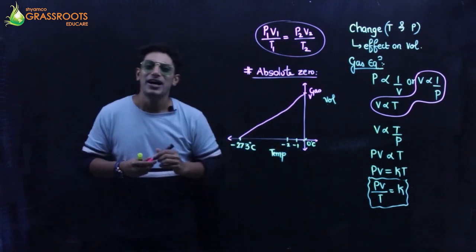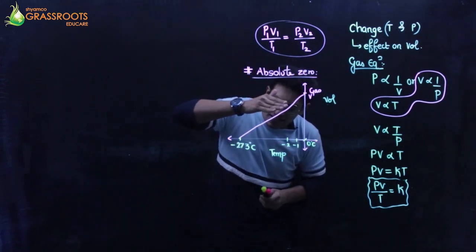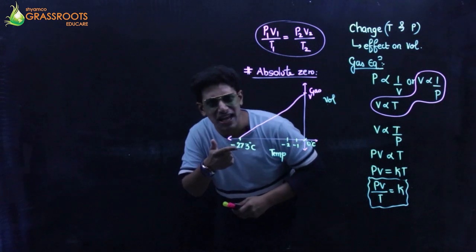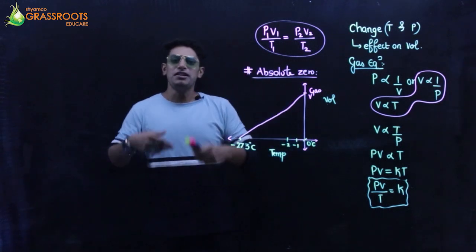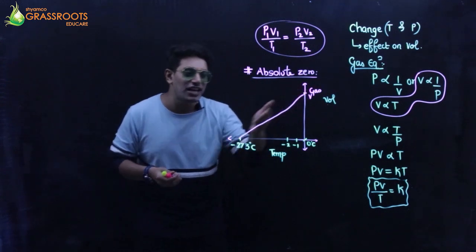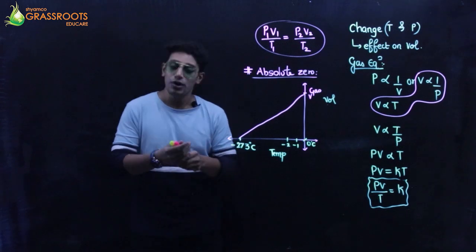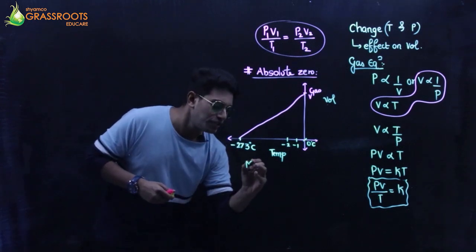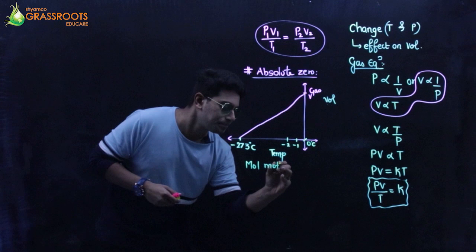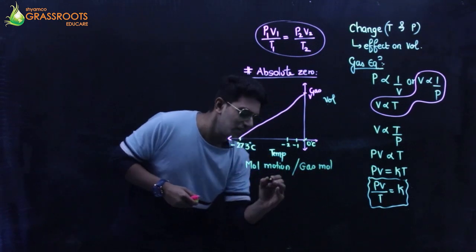What happens is eventually, as the volume decreased, at a point of time, it vanished. Well, what vanished there? The gaseous molecules vanished. The molecular motion stopped. We say that the gas molecules cease to flow.